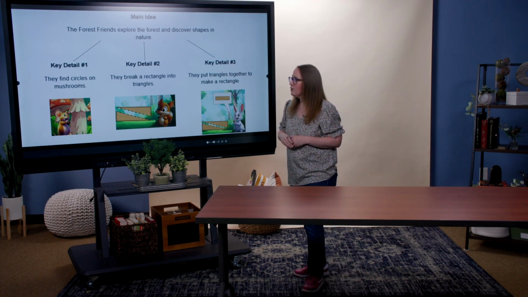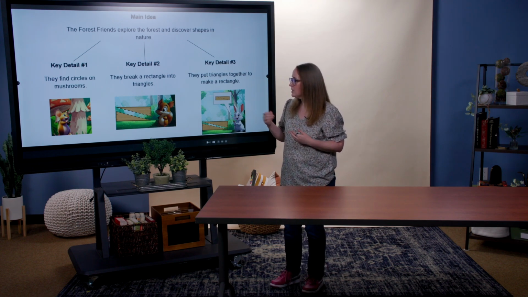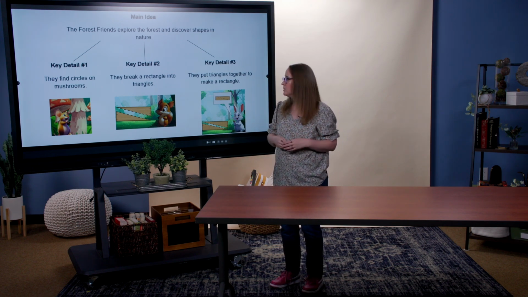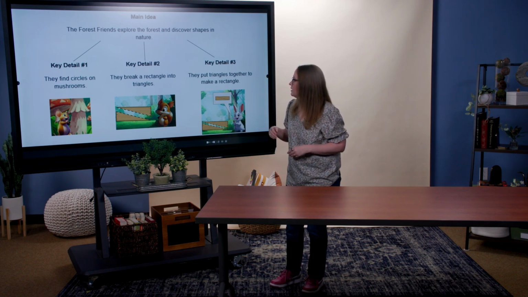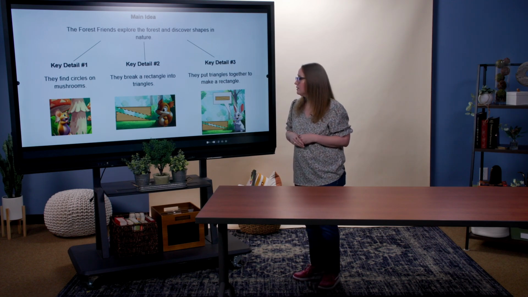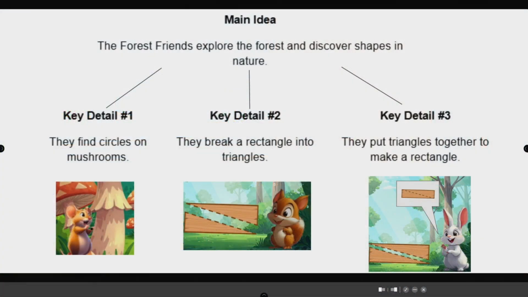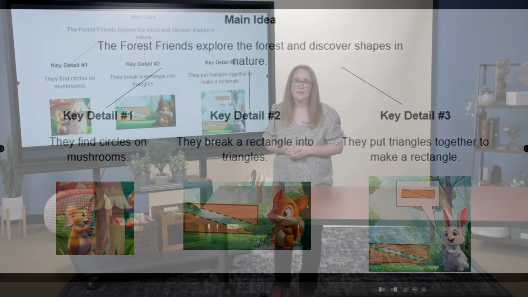One of our details was they found circles and triangles on mushrooms. Detail 2 was they broke a rectangle into triangles, more shapes. Detail number 3, they put those triangles back together again to make a rectangle.